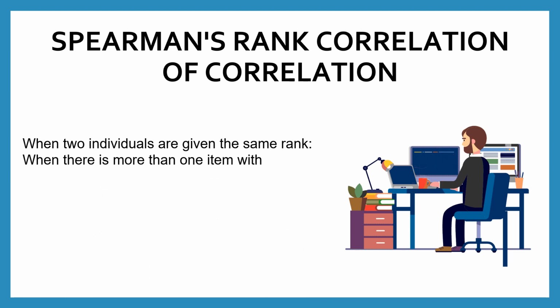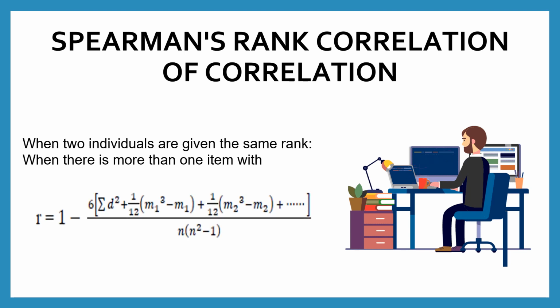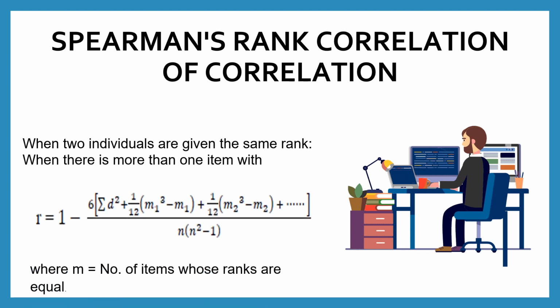When two individuals are given the same rank, that is, when there is more than one item with the same rank, this is the formula, where M is the number of items whose ranks are equal.